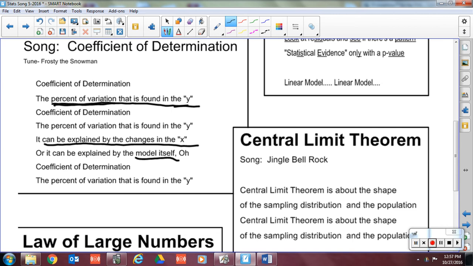Oh, coefficient of determination, the percent of variation that is found in the Y.